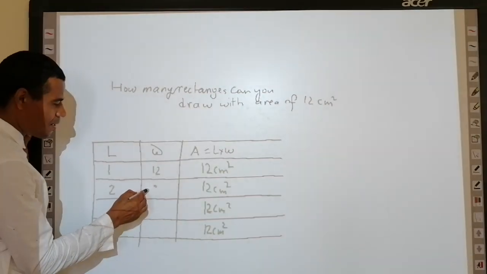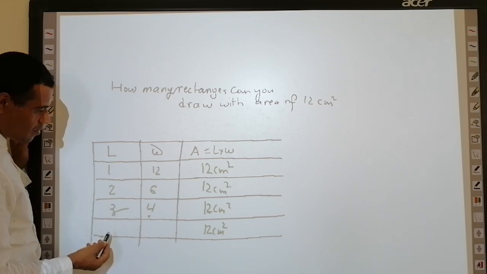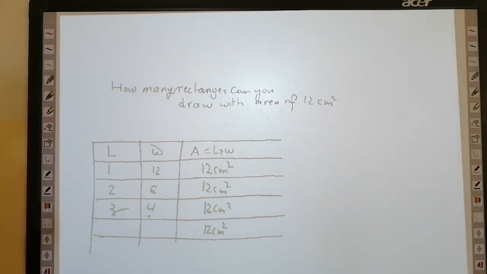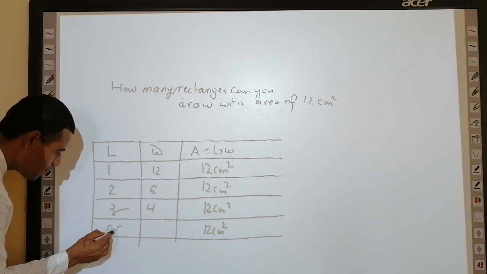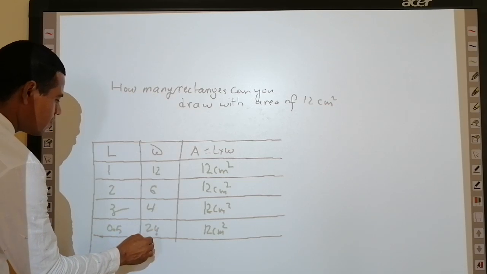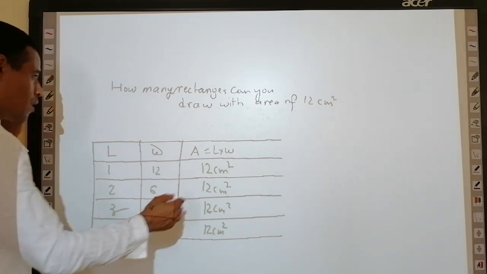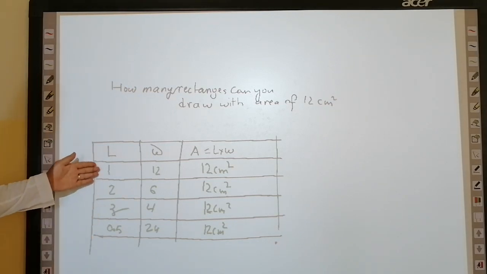Then 2 multiplied by 6. Then 3 multiplied by 4. Then, for example, 0.5 and 24, and there are so many. These are 4 rectangles that have the same area.